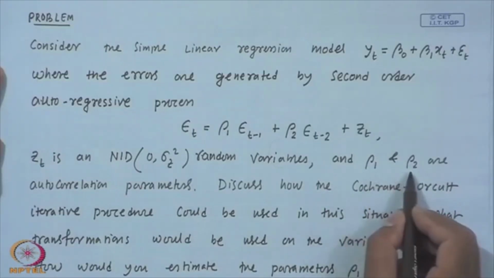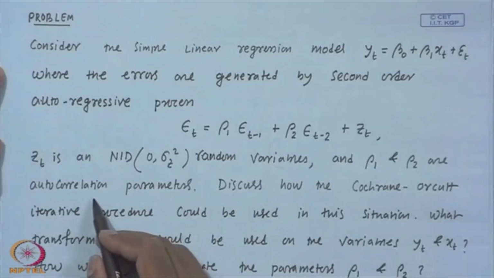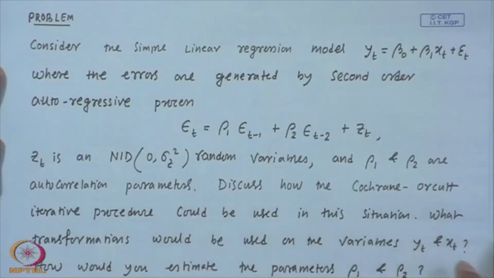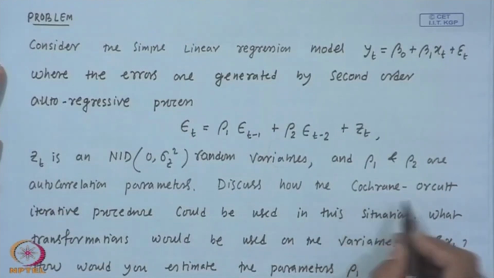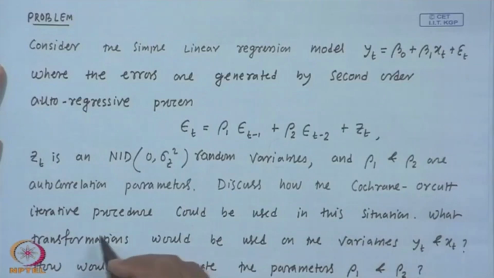Here rho 1 and rho 2 are called autocorrelation parameters. So, the problem is that you have to discuss how the Cochran-Orcutt iterative process could be used in this situation.